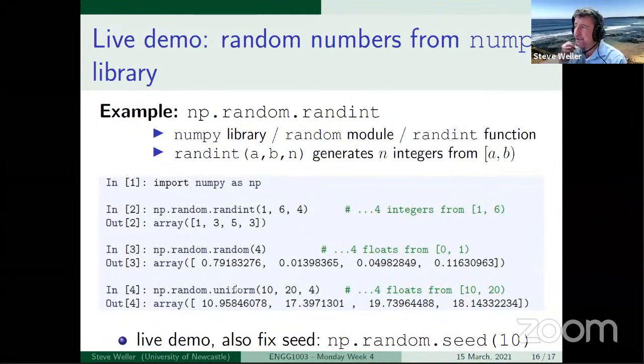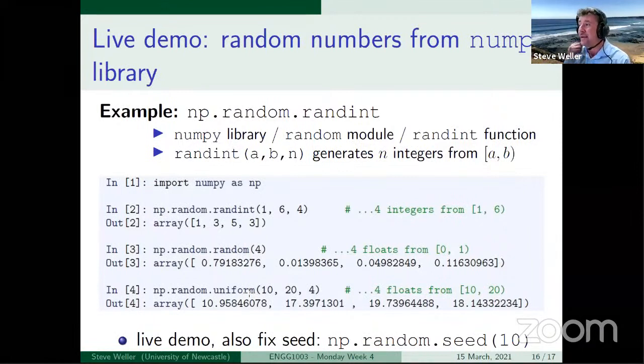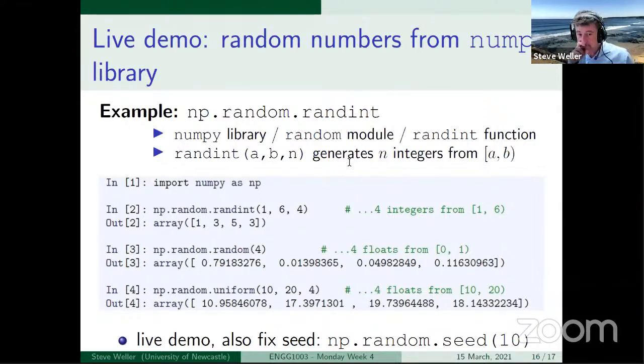Notice there's a pattern going on here: the NumPy library is using the same function names, randint, random and uniform, as the random module that was built into Python. That's deliberate, to avoid programmers having to memorize different names for the same functionality in different places. But it also means we need to be particularly careful about our import statements so that we know where we're getting our random numbers from.